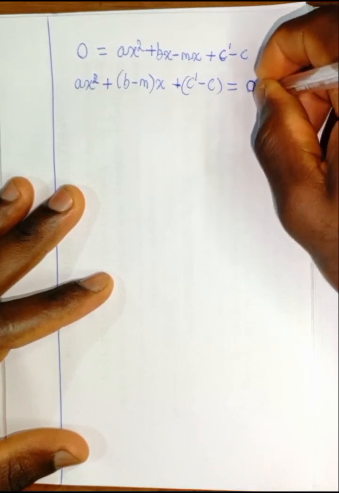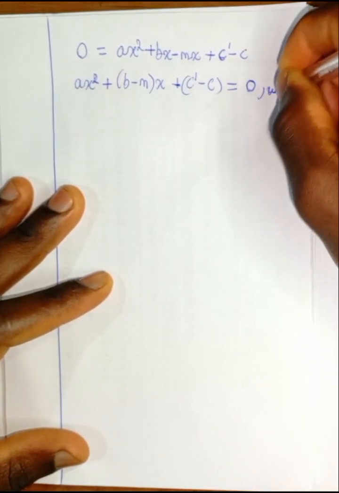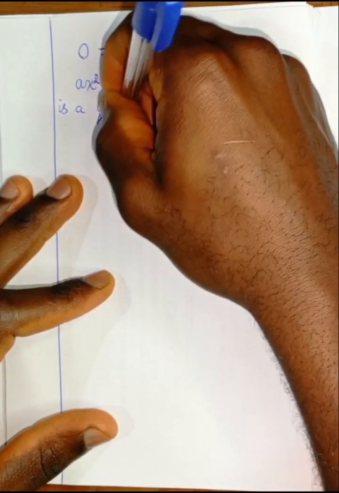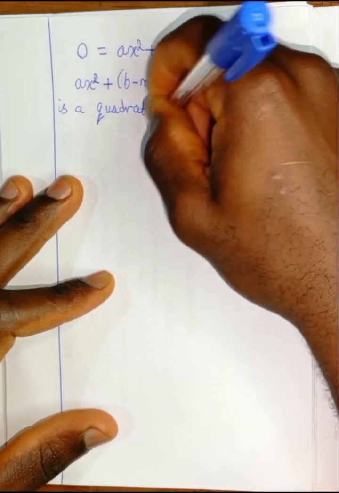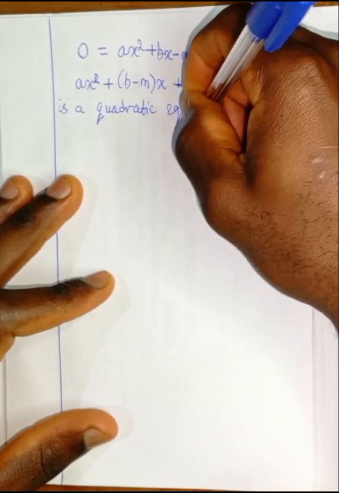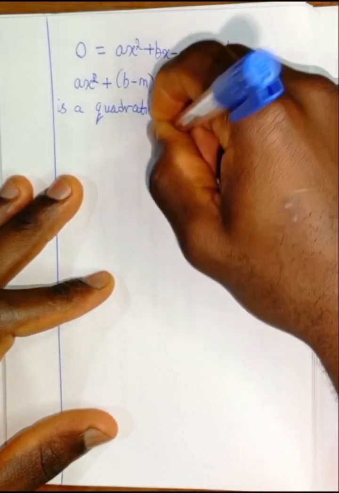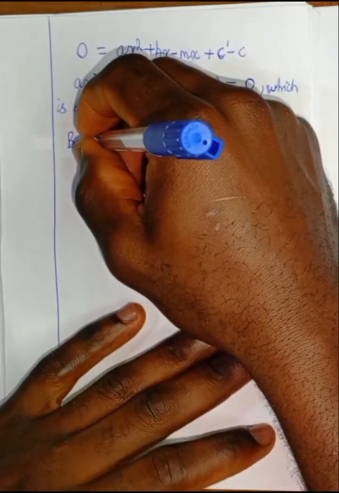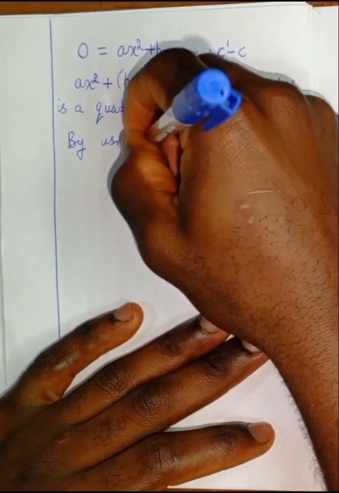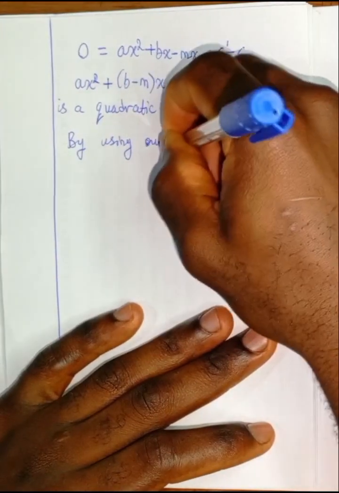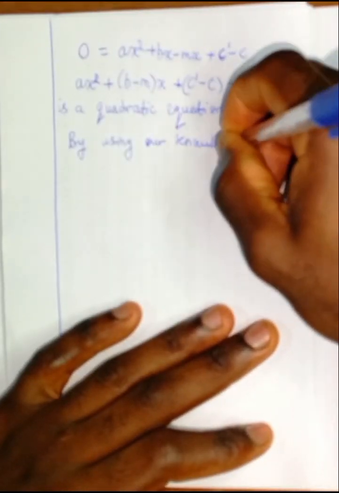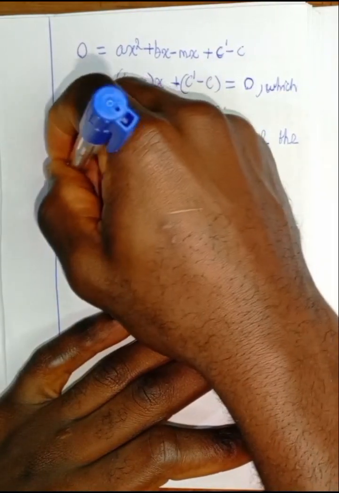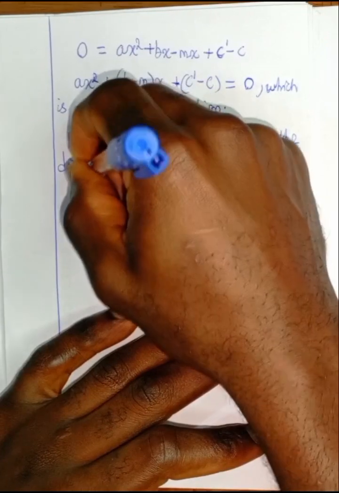It is a quadratic equation. Next, we write this down by using our knowledge of the discriminant of the quadratic equation.